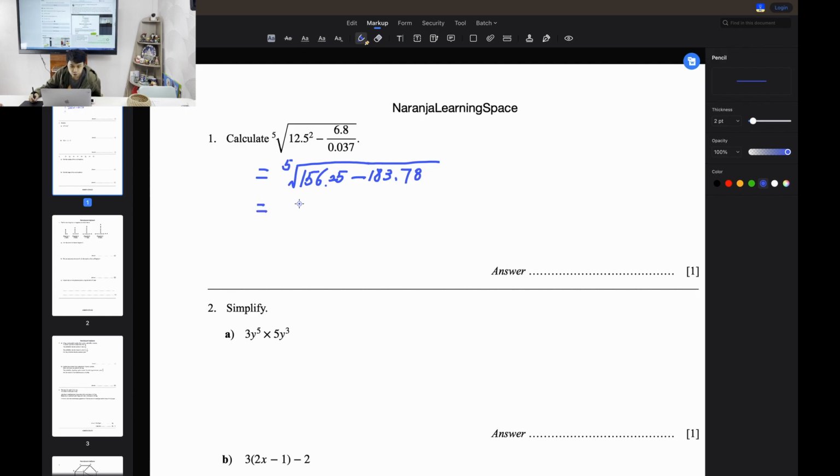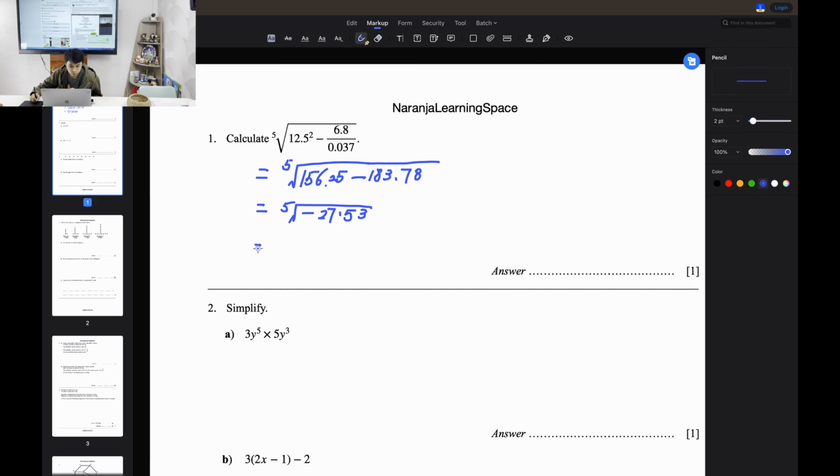Okay, so this equals to fifth root of 156.25 minus 183.78, which is negative 27.53.